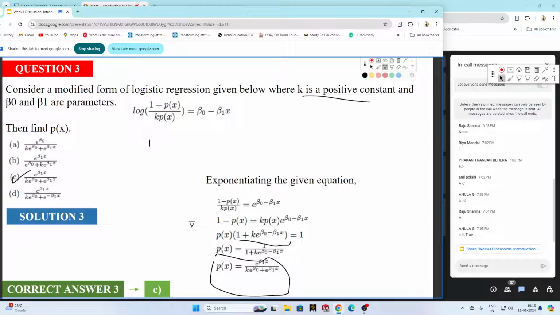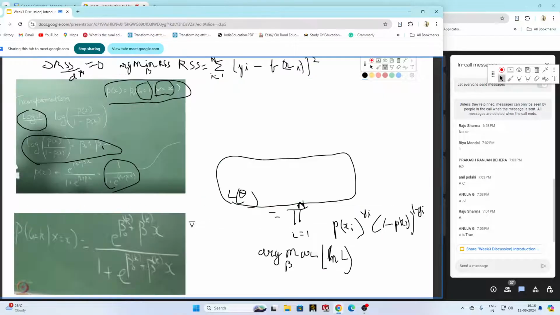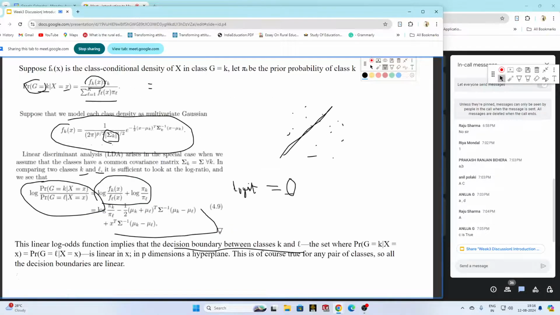That means this question is to explain how you can find the probability if your straight line equation is given. Is it clear?